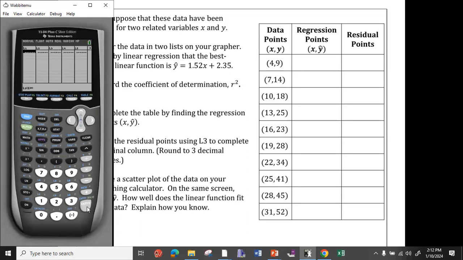All right. 4, 7, 10. I said you didn't have to, but I'll do it. Because I already gave you the regression, but we need to find R squared.